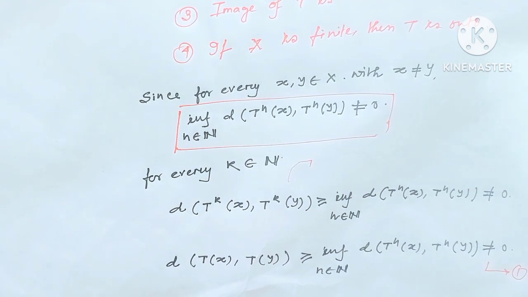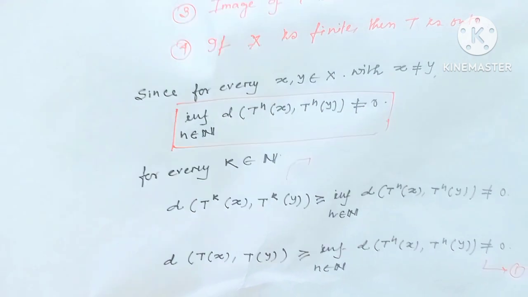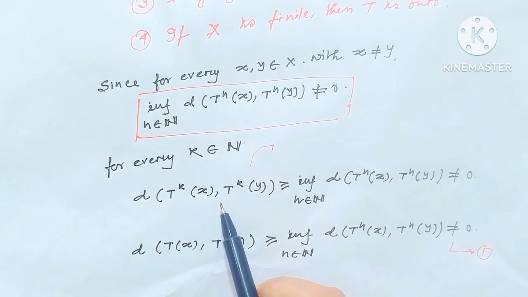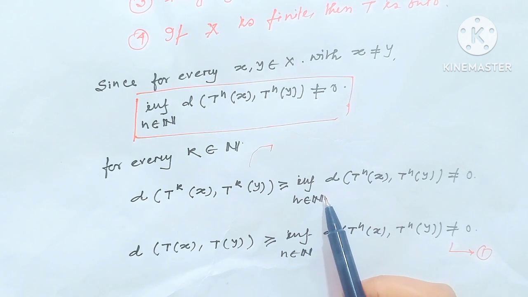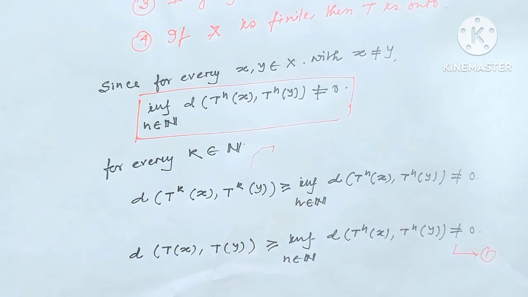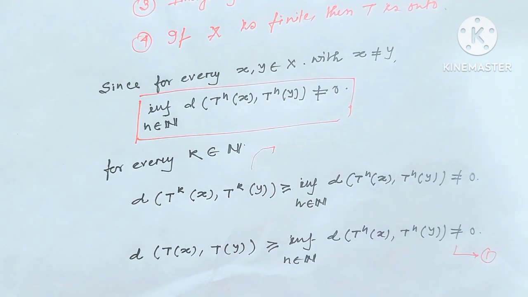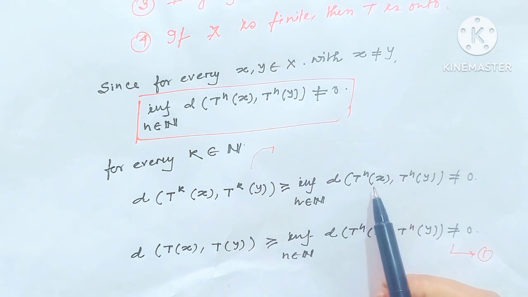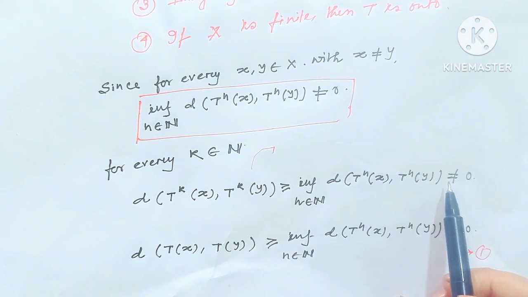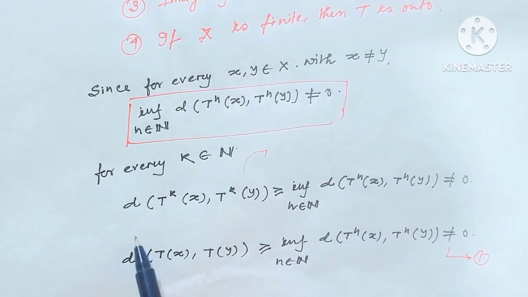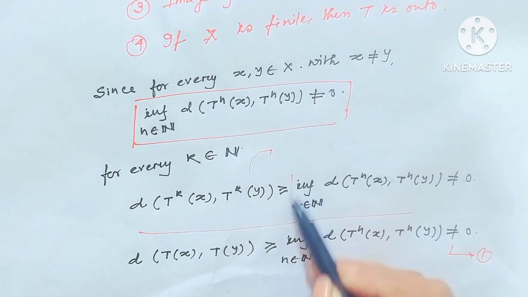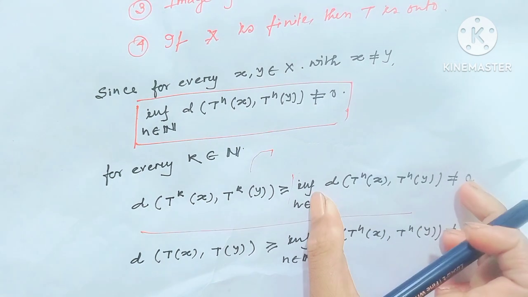Then obviously d(T^k x, T^k y) is always greater than or equal to the infimum of d(T^n x, T^n y) over n, because this is the infimum.